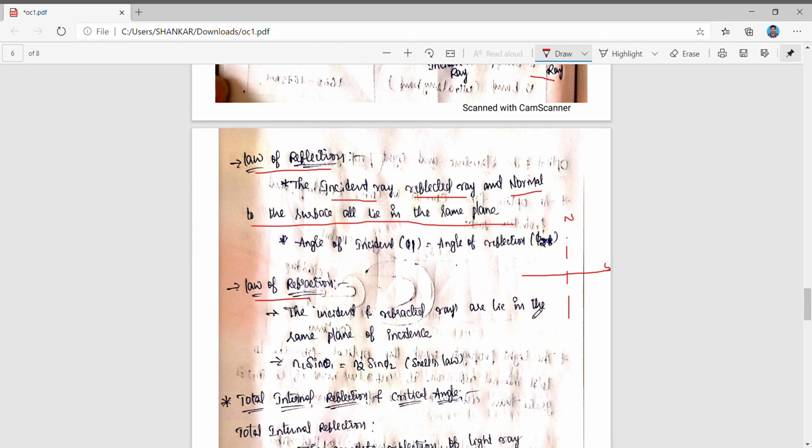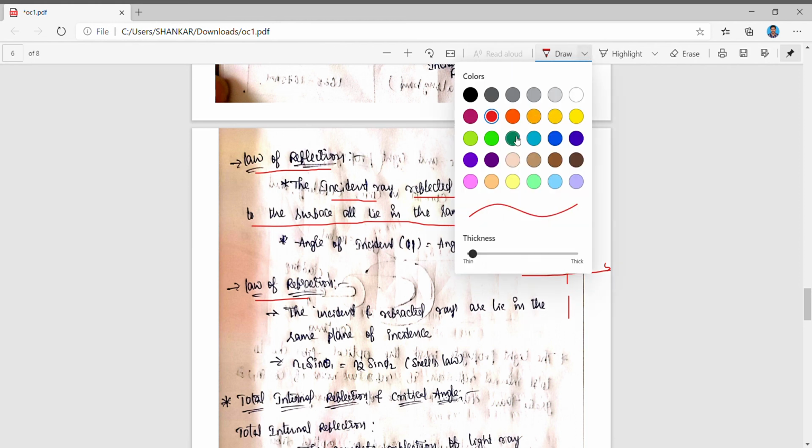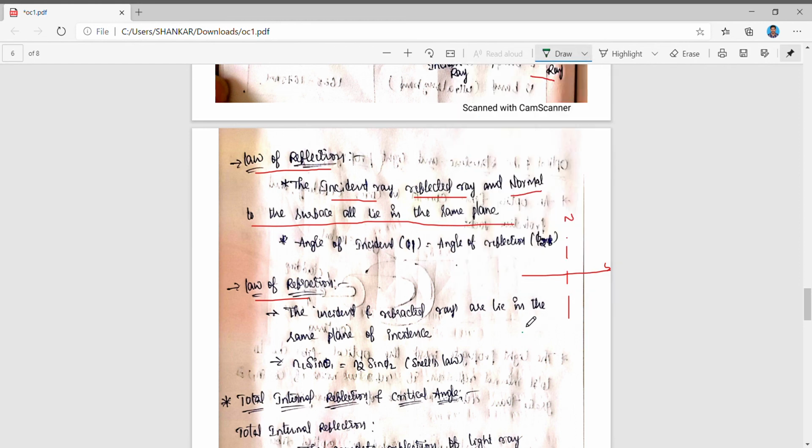Let's assume we have to incident the light here with a signal angle pi I.